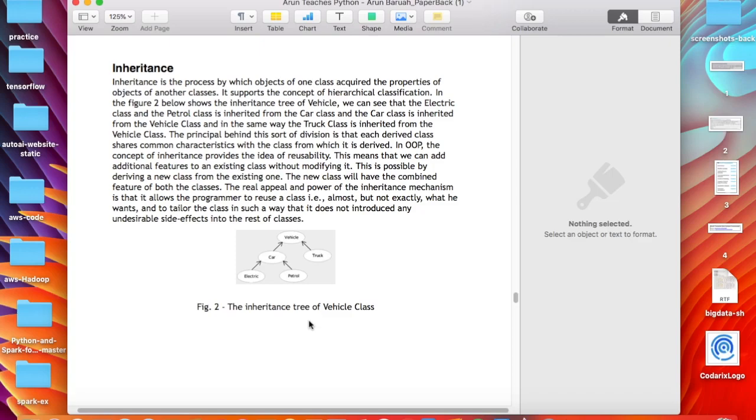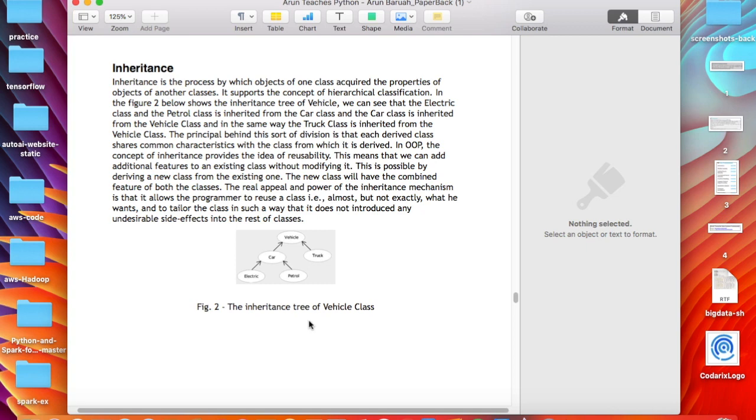Now let us see what is inheritance. This is also one of the important concepts of object-oriented programming systems, and you will certainly get an interview question on it. So let us discuss what is inheritance.